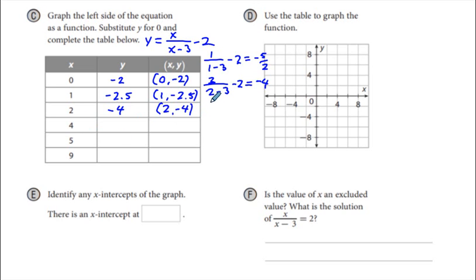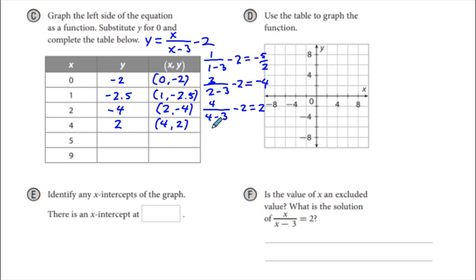Next, if we plug in 4 for x, we have 4 over 4 minus 3 minus 2, and in the denominator 4 minus 3 is 1, and 4 over 1 is 4 minus 2 is 2. So we have the coordinate pair here 4 comma 2.